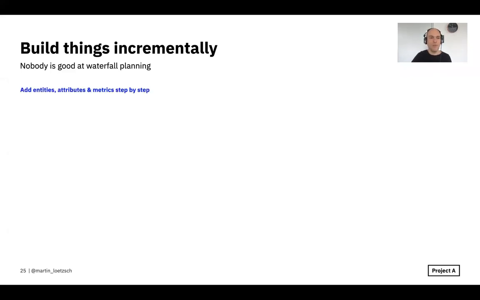Right, so you start with something and then add entities, metrics, and attributes step by step. So this is here the evolution of the analytic entities at Ammann Görbach, where we started building a data warehouse half a year ago. We started with one entity, a customer, that had already a zip code dimension. Then we added something.